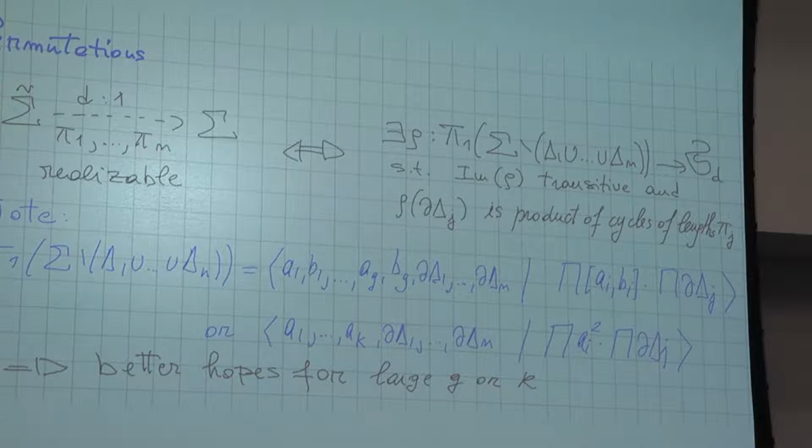So it's the product of cycles of length corresponding to the lengths of the partition of d over the jth point. So this is an if and only if, that's very easy.